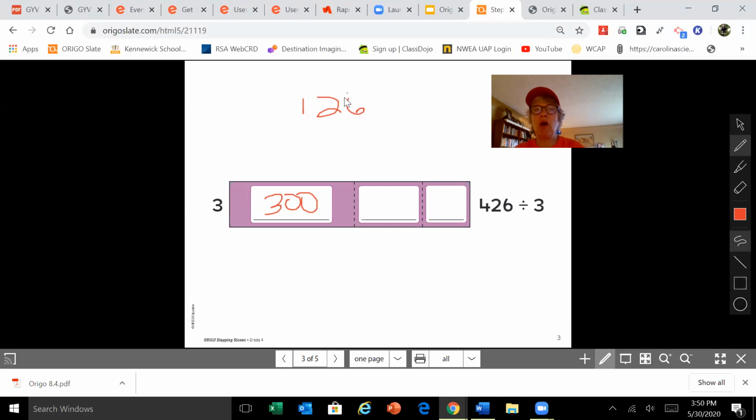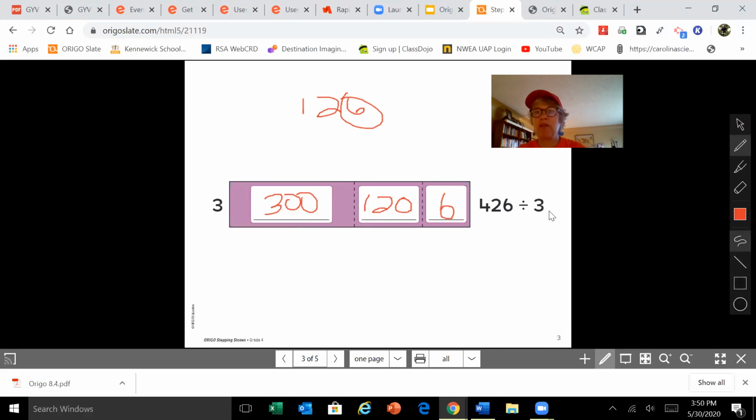So you might see, oh, I can pull out the 6, and I'm going to put that right here. And what would I have left? It wouldn't be 12, kids. It would be 120. So if we add all of these numbers together, 300 plus 120 plus 6 equals 426. But I can see right away I will be able to divide this.